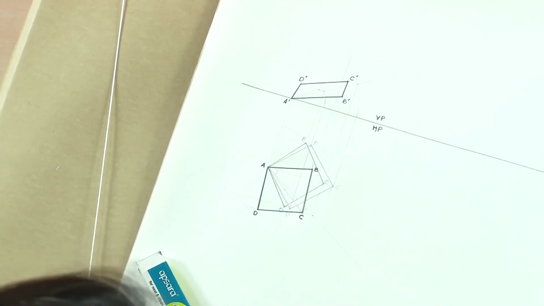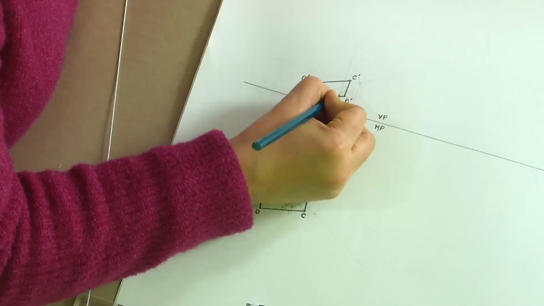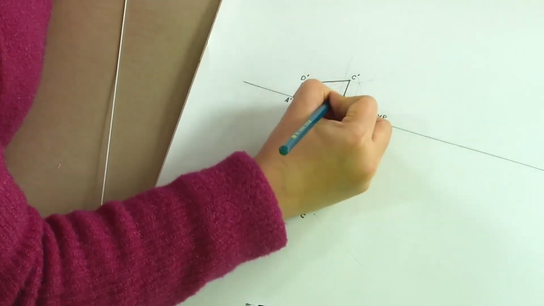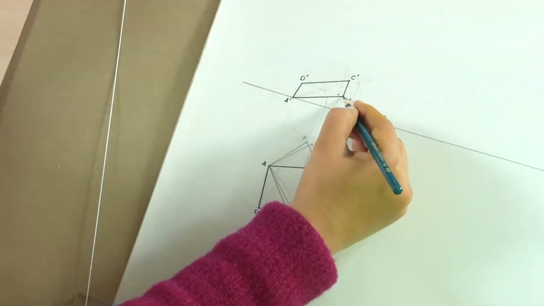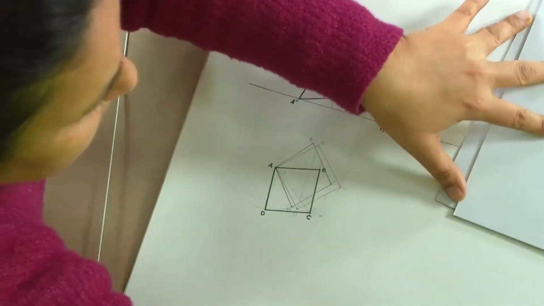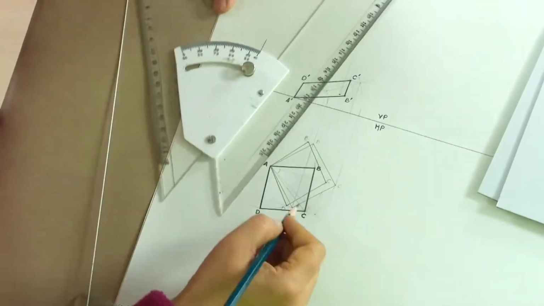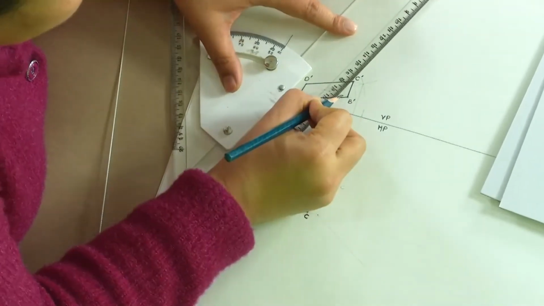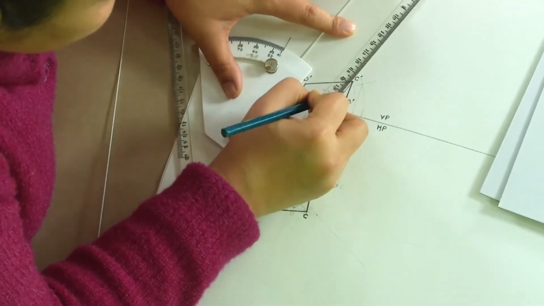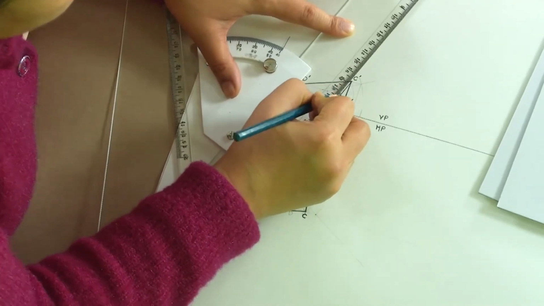I think I have slightly made a mistake here. If you see, the projection of B was coming up here. So this was the point which we should have connected and not this point. We mistook the projection which was coming from C as the projection for B. So what we will actually have is this.